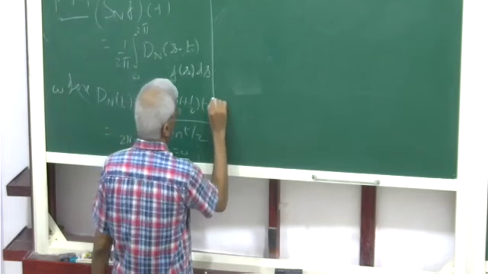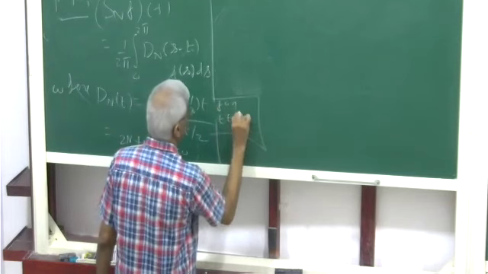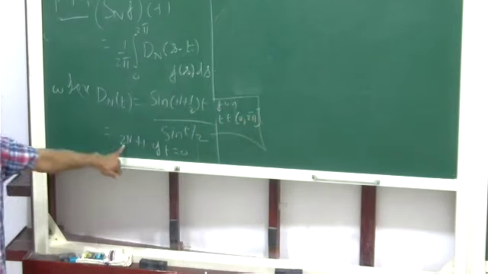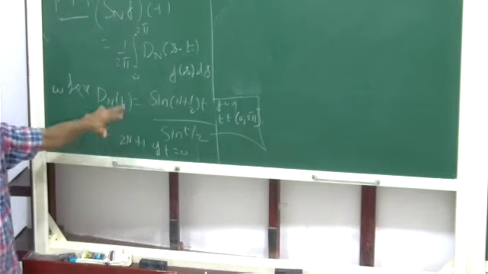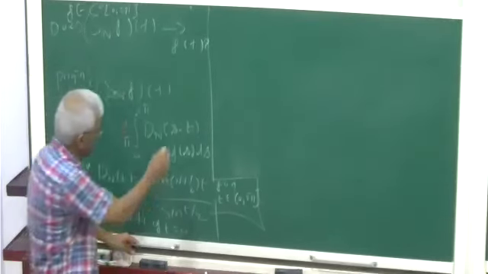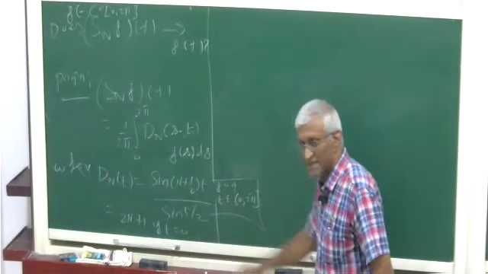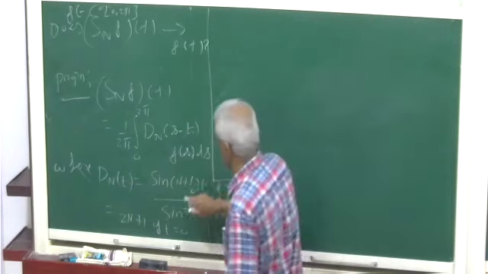If you compute the limit, this is a continuous function, so it should be this. But it's only integration, so a single point doesn't matter.